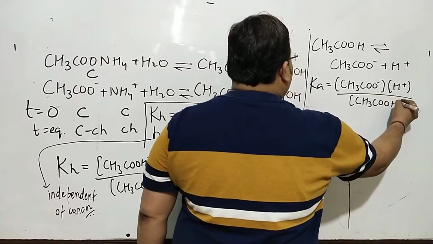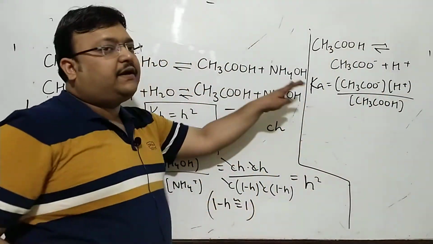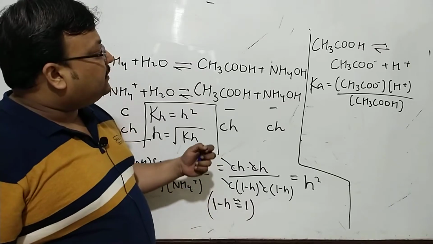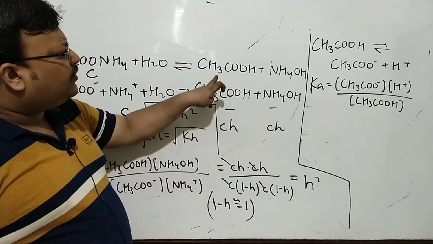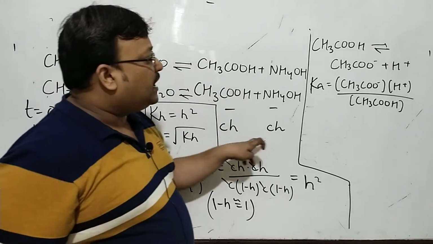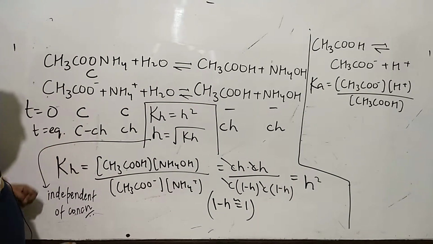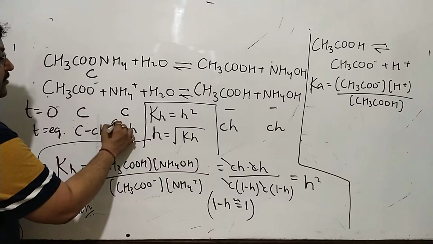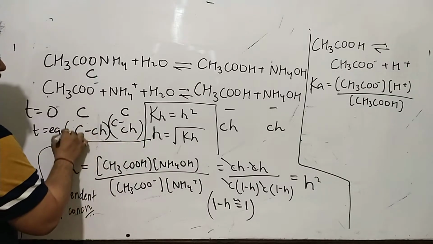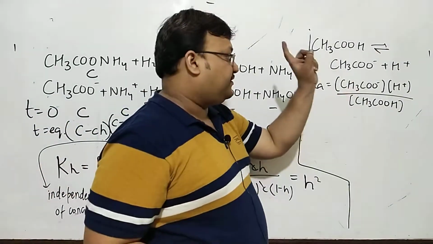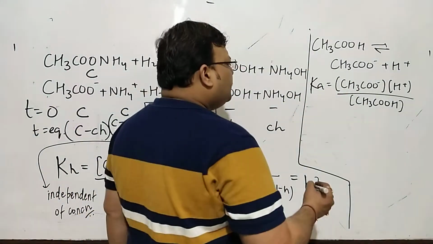Now because it's all in the same medium, all these equilibria are in the same medium. If you have assumed that the equilibrium concentration of acetic acid is CH, we will have to write CH here. If this is C minus CH for both of them, then acetate would be C minus CH or C(1 minus h).